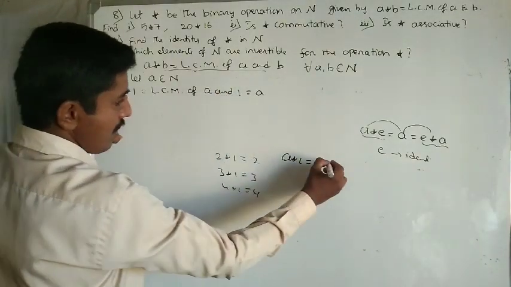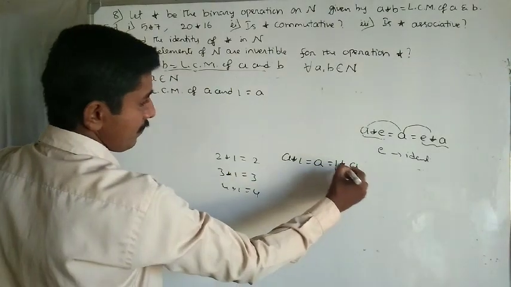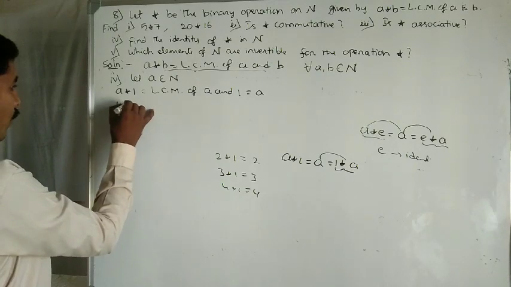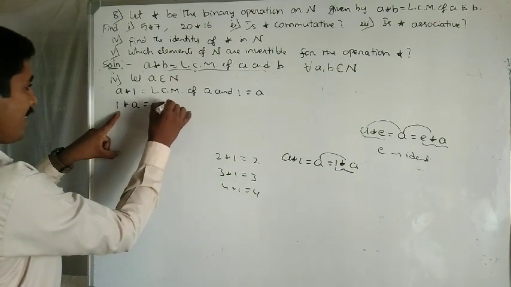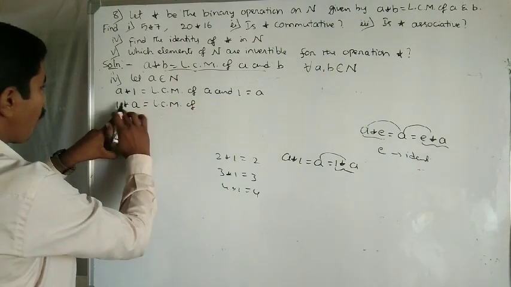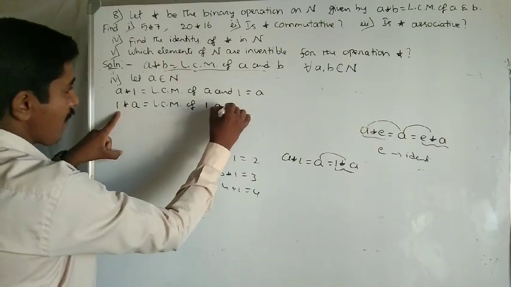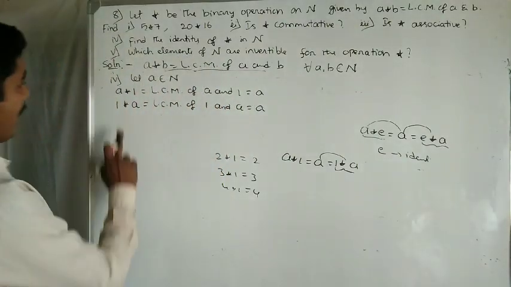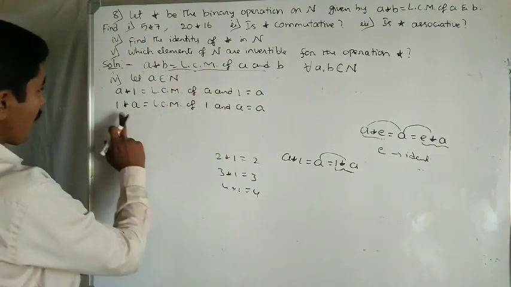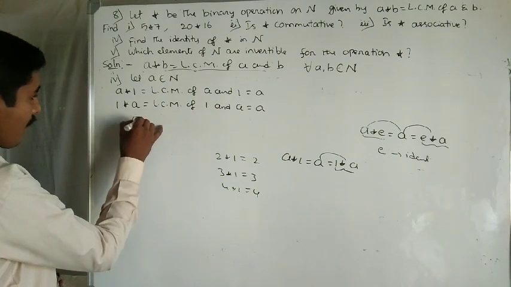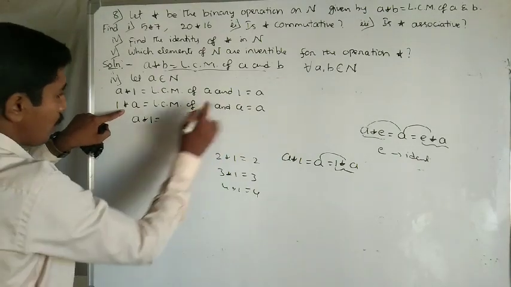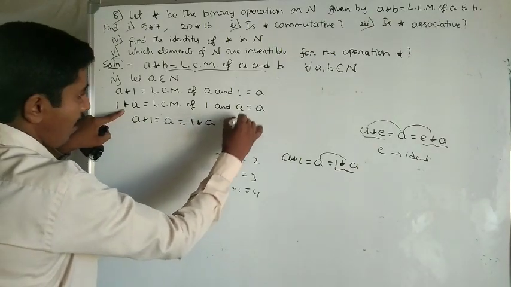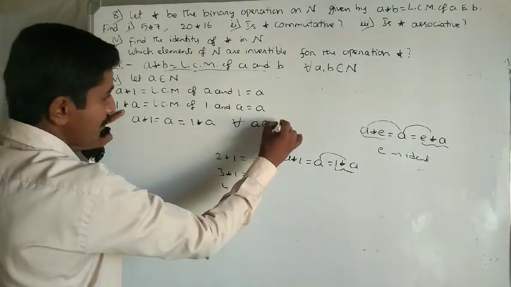A. Next, 1 star A: LCM of 1 and A, again A. 1 star A, LCM of 1 and A, 1 into A. Correct. So clearly A star 1 equal to A, 1 star A equal to A. Therefore A star 1 equal to A, this is equal to 1 star A, for all A belongs to N.